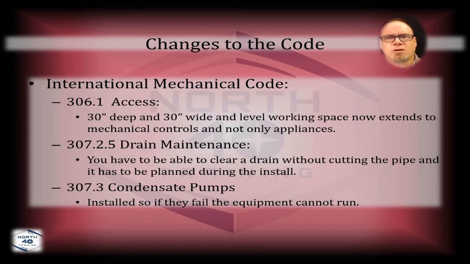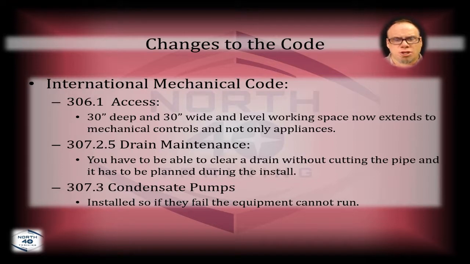This goes right along with one of the common sense applications that was put into code in the last couple of cycles that hasn't always been something that we've done. A couple of cycles ago, they put in verbiage that said your condensate drains can never be smaller than 3/4 inch diameter on the mechanical side of things.